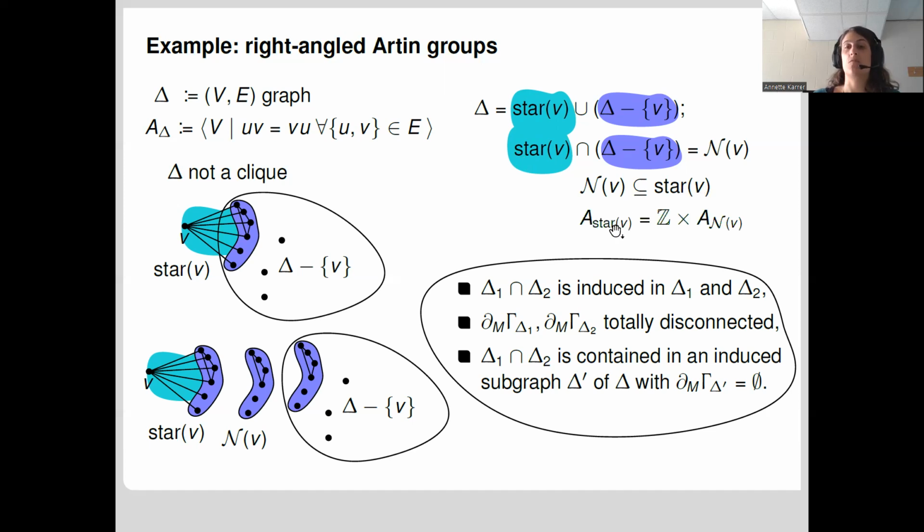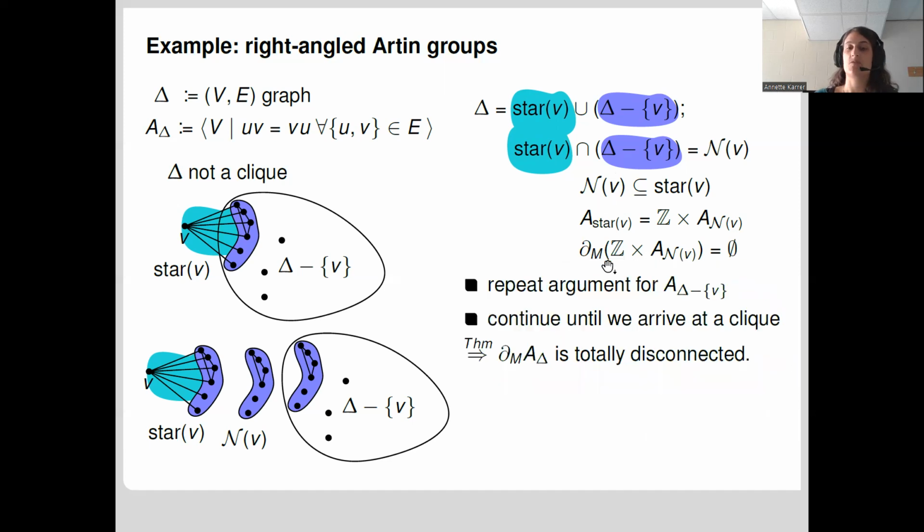And now the right-angled Artin group corresponding to the star of v is just a direct product of Z and the Artin group corresponding to the neighborhood of v. This was the join condition we studied before. And a direct product of two infinite groups gives us an empty Morse boundary. So this group has empty Morse boundary, and so we see that this neighborhood indeed corresponds to a group with empty Morse boundary.